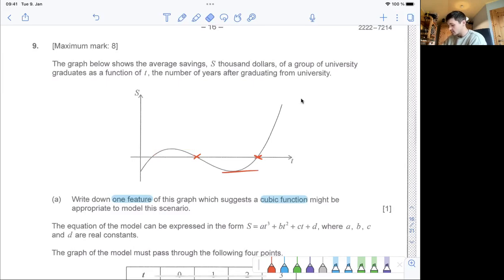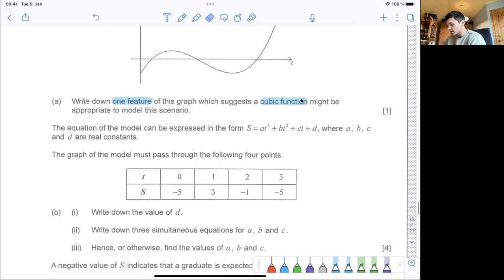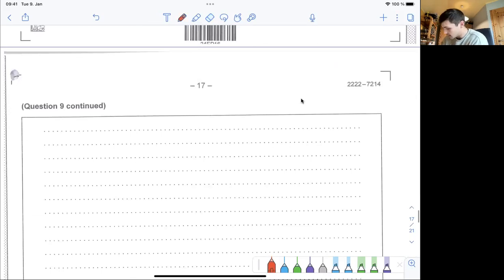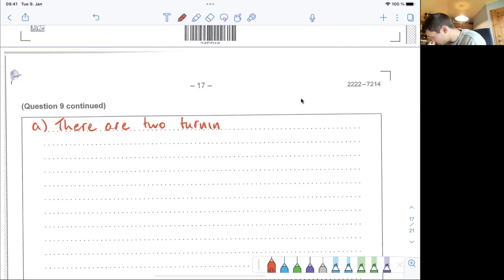You only have to use one, so I'm going to go with the turning point idea. So I'll just write down here: there are two turning points, a maximum and a minimum.